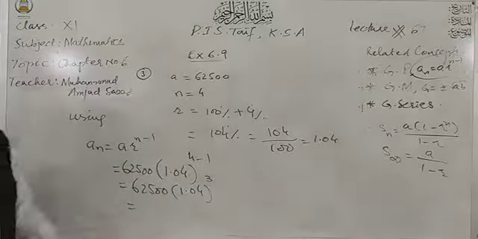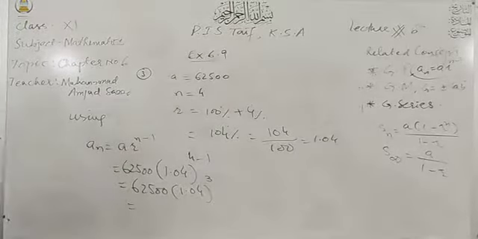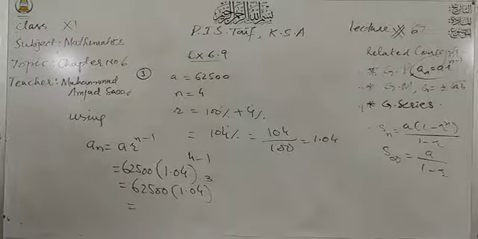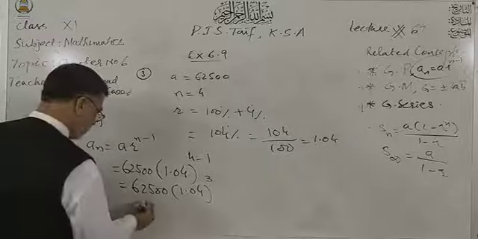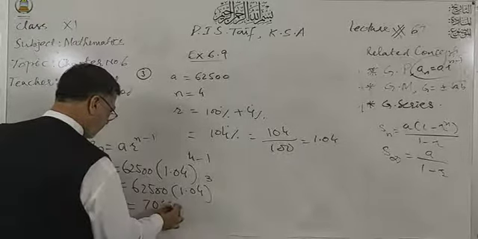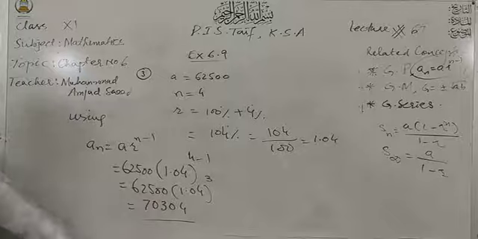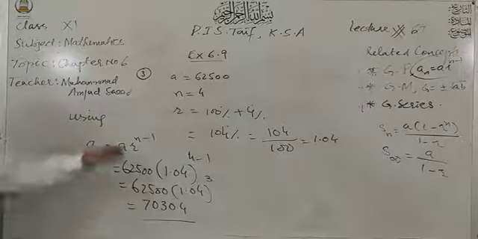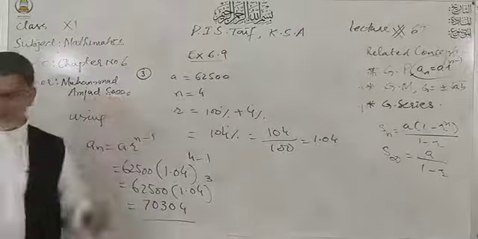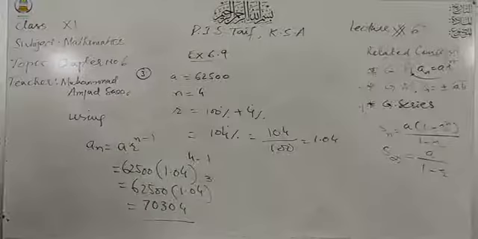After multiplication, calculation, simplification, we will get 70304. So 70,304 will be the population after 3 years.